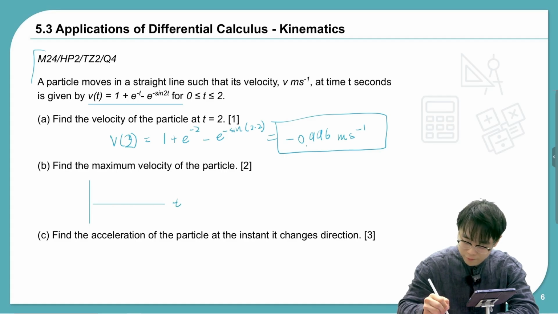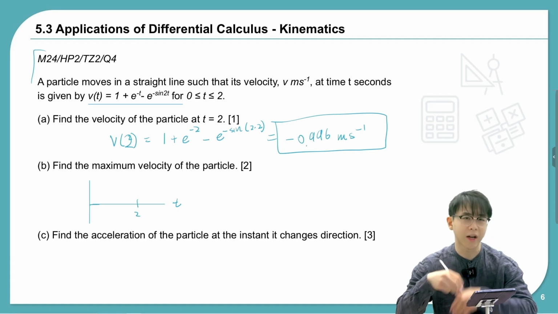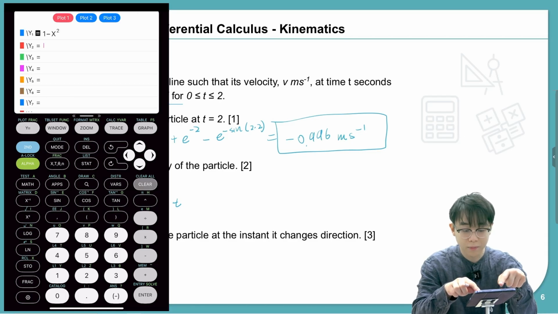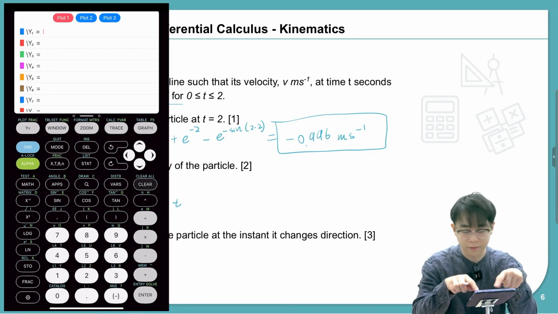So we want to have t from 0 all the way to maybe 2. On our calculators, we want to see a bit wider than that, so we set the window to maybe negative 0.5 to 3. Okay. And we want to put in the equation for velocity.